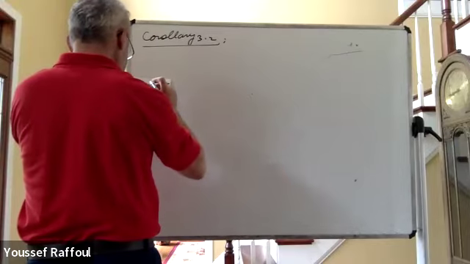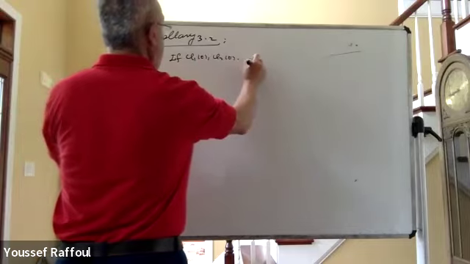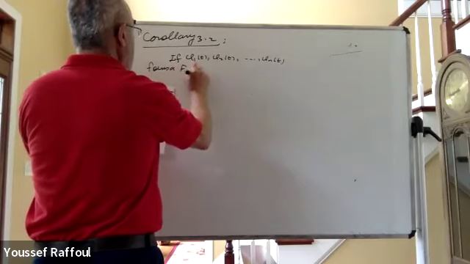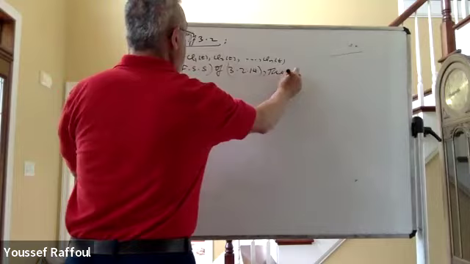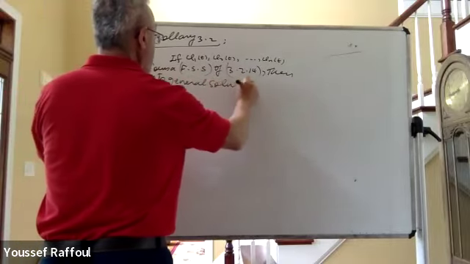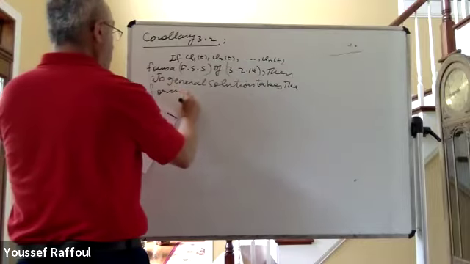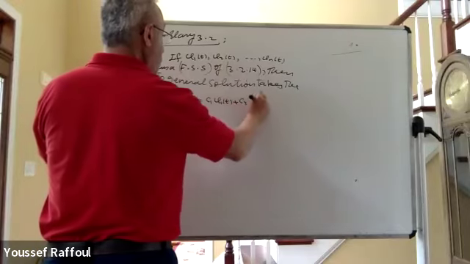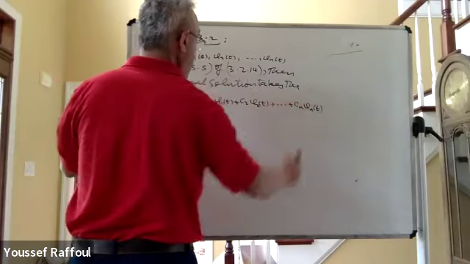It says if phi 1 of t, phi 2 of t, up to phi n of t form a fundamental set of solutions of 3.2.14, then the general solution takes the form x of t equals c1 phi 1 of t plus c2 phi 2 of t plus up to cn phi n of t.